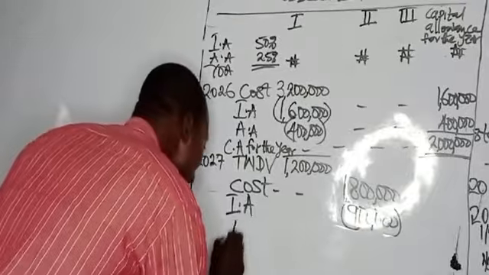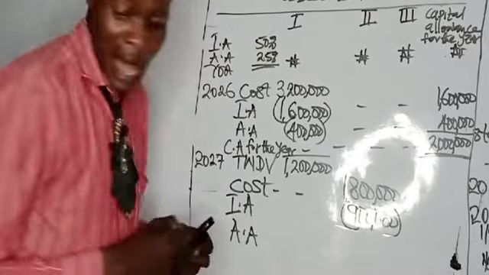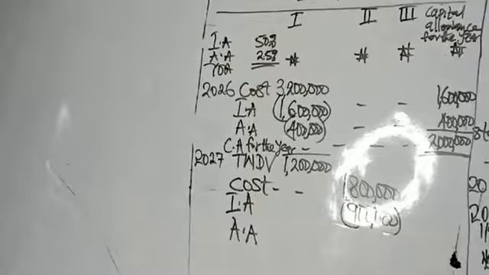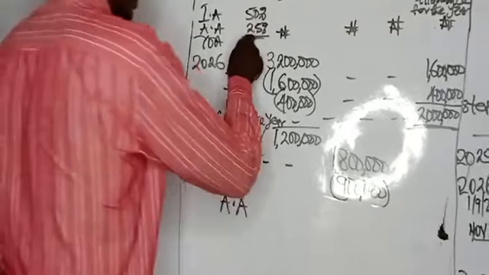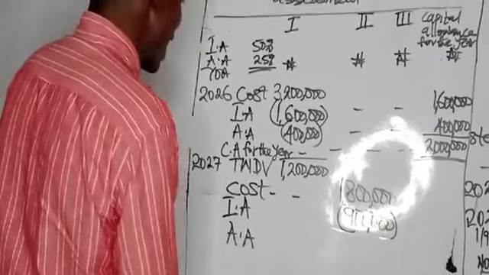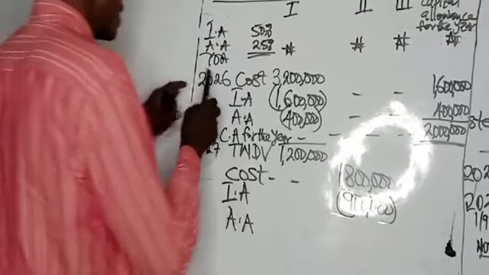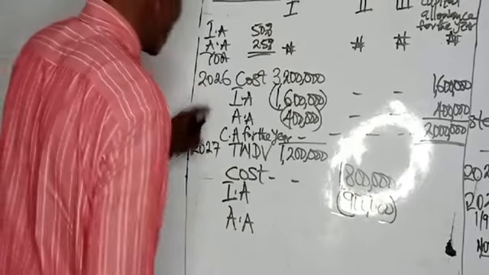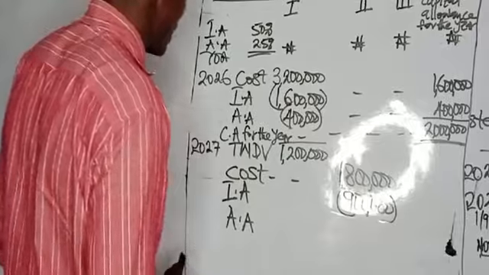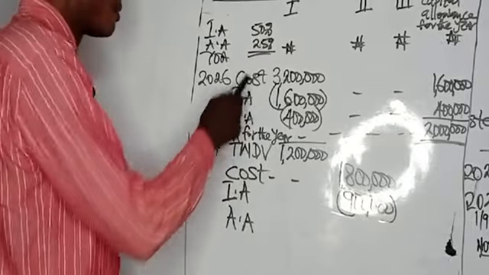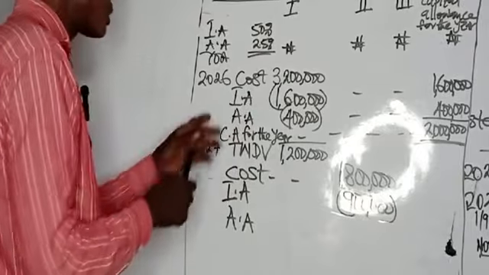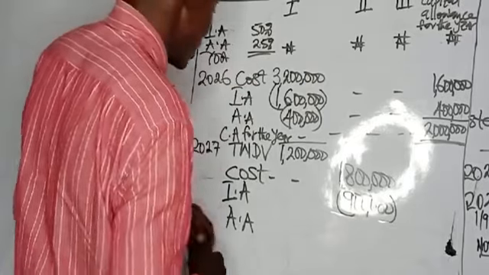Then annual allowance. Out of the 4 years of the life of the asset, 2026 has expired. That means 1 year has expired. If you remove 1 year from 4 years, the unexpired life of the asset remains 3 years.